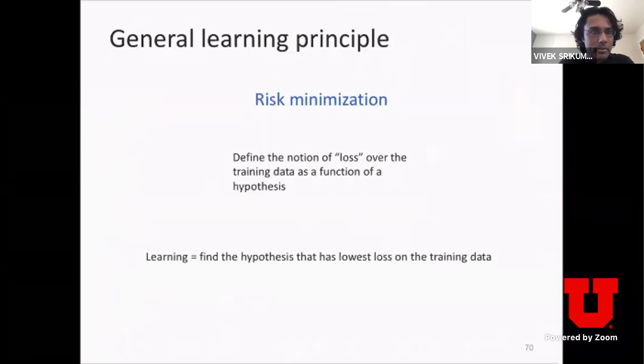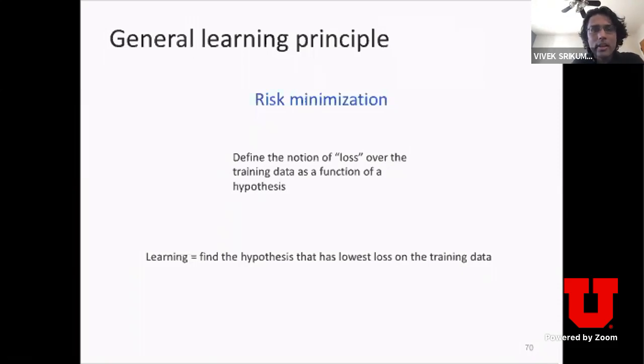This is the learning principle that drives pretty much all of machine learning today. Well, that's not a valid statement. It's a dominant principle in machine learning today that has seen wide utility. Let's put it that way. The notion is this notion of risk minimization.